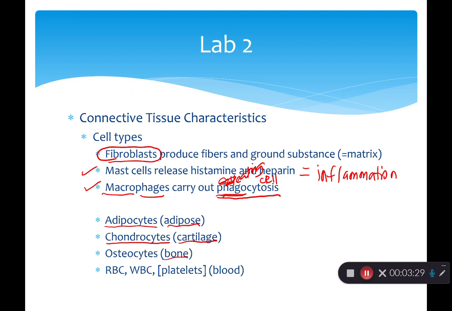In bone, we have cells called osteocytes. Osteo refers to bones, or os refers to bones. In blood, we have red blood cells, 5 types of white blood cells, and then platelets are in brackets because they're not necessarily cells. They come from cells, but they're pieces of cells. So I didn't really include them, but I did kind of include them. So it can go either way.